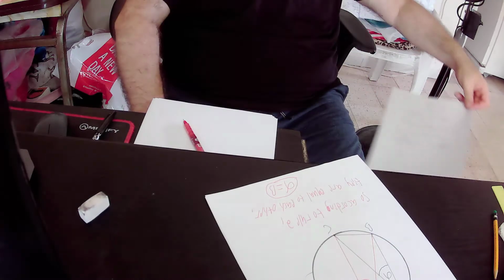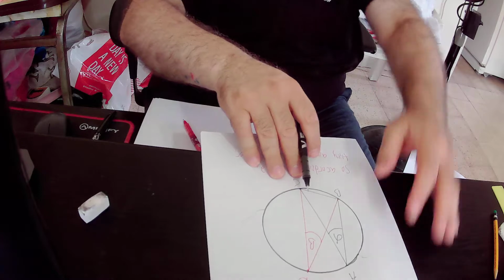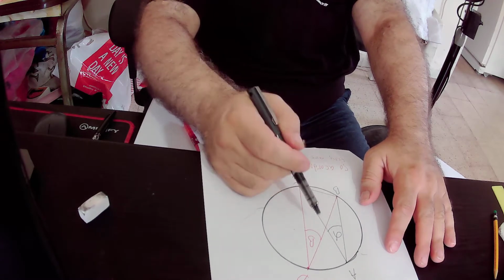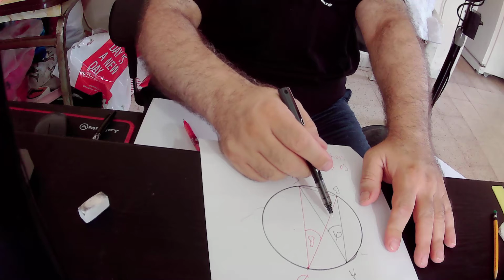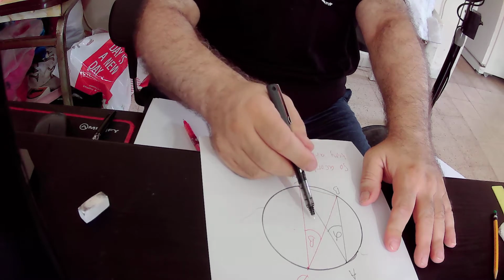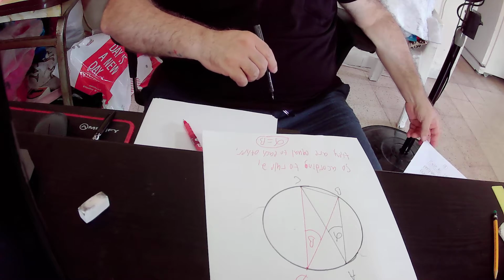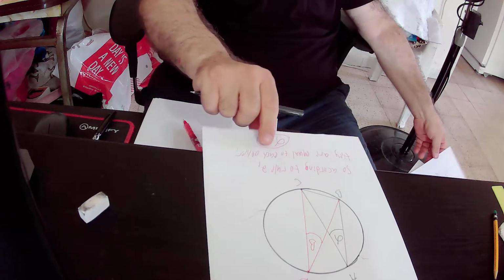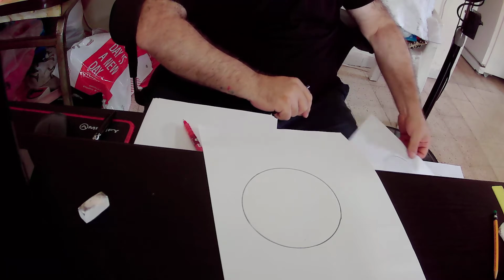So those two peripheral angles rest on the same chord BC, therefore they are equal to each other. That is to say, alpha equals beta. Okay, so we can actually apply rule number 2 in our circle.